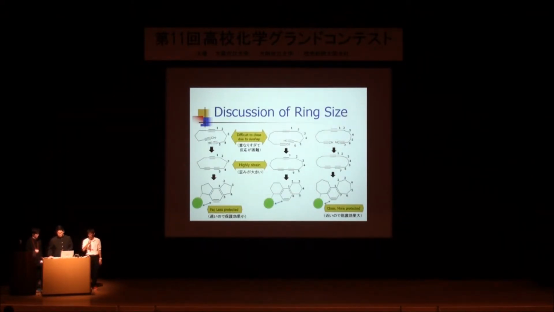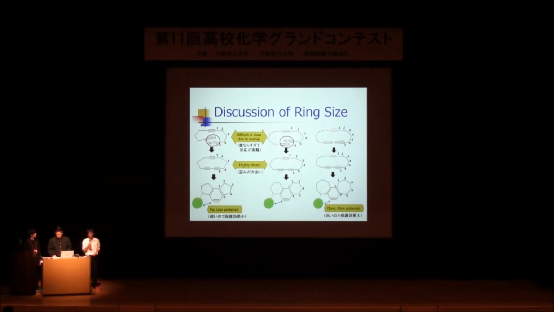Then we discussed the ring size. We investigated 3 candidates, rings with 5, 6, or 7 carbons. We made various molecular models and found the following features. First is the difficulty of the ring closing reaction.